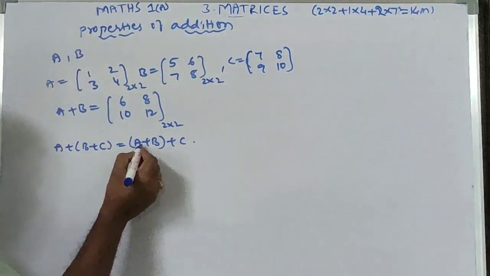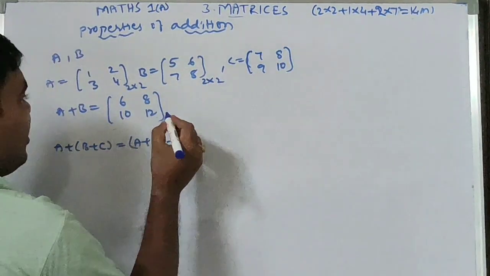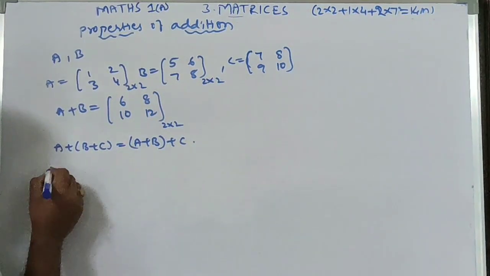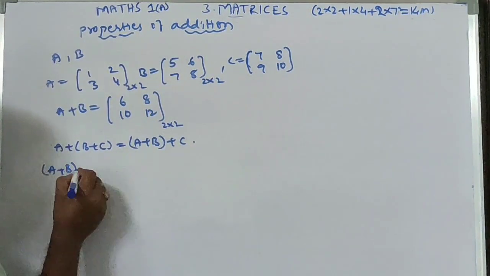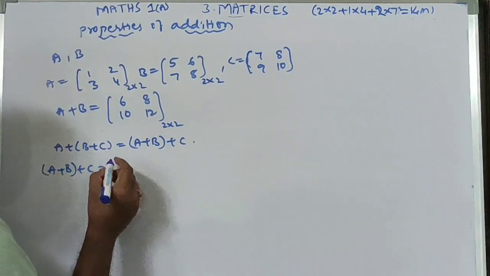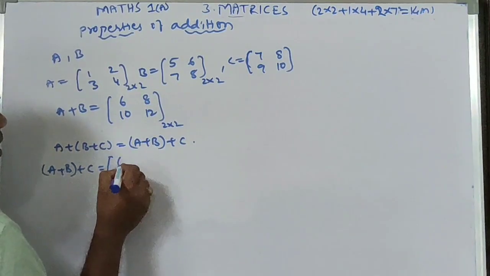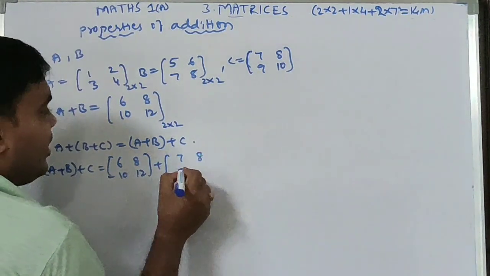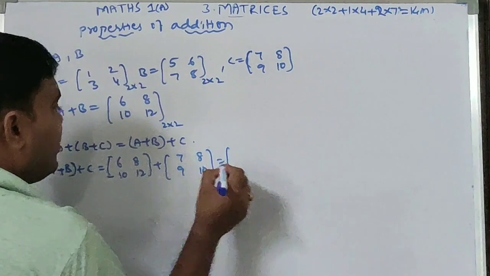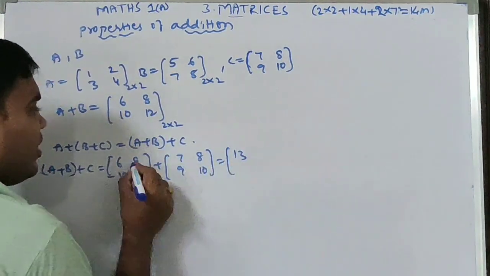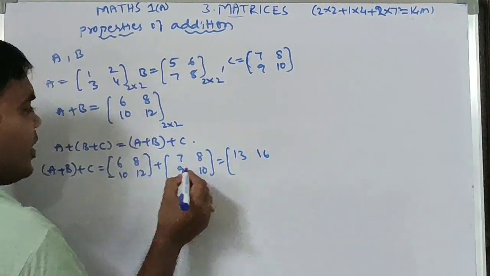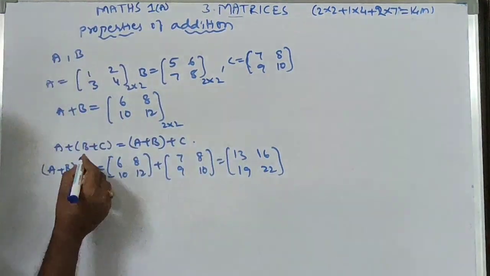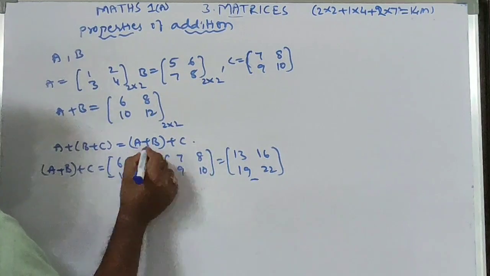We already did A plus B, so I want to find (A plus B) plus C. A plus B is 6, 8, 10, 12, plus 7, 8, 9, 10. Adding: 6 plus 7 is 13, 8 plus 8 is 16, 10 plus 9 is 19, 12 plus 10 is 22. This is the right side.